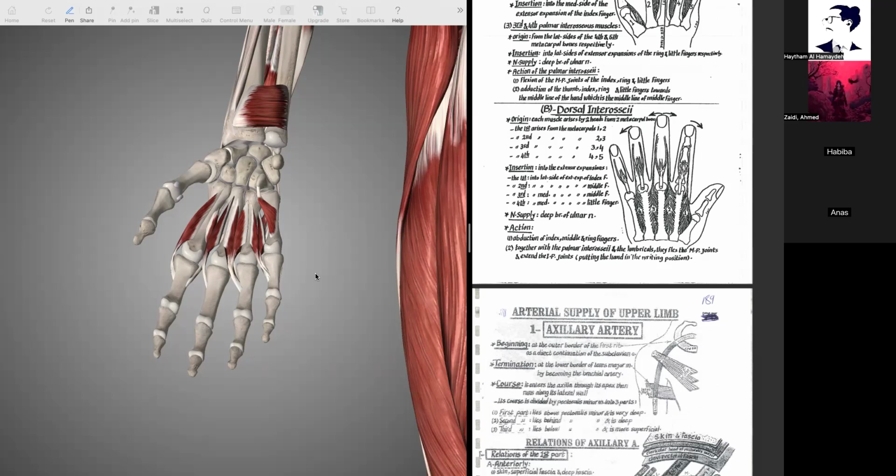Or you can talk about the action previously. But try as much as you can to leave the origin and insertion to the last. Because it's the most detailed and your brain might forget it. Okay, this is the hand.